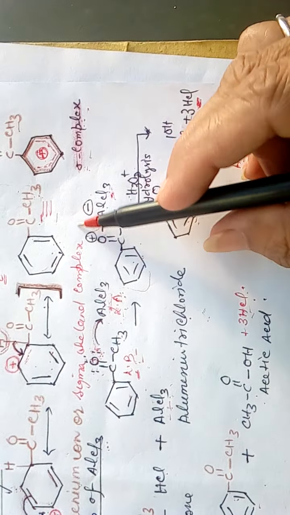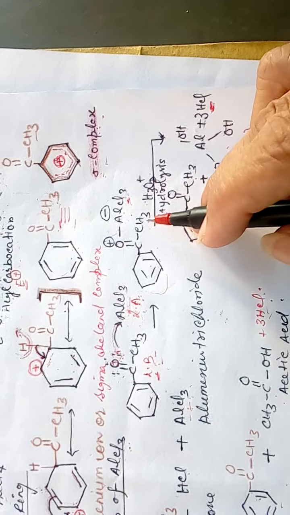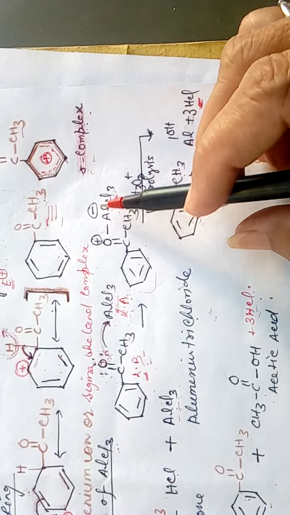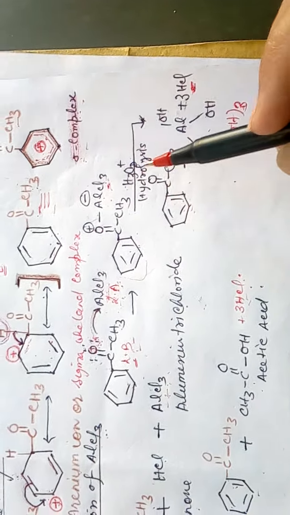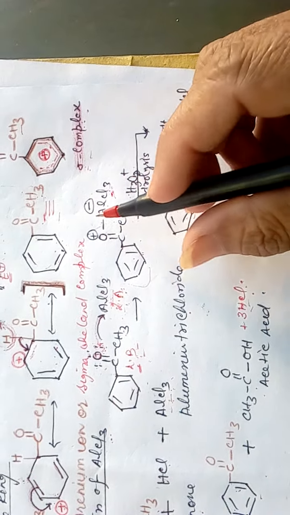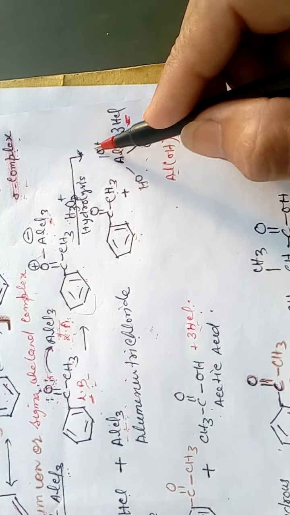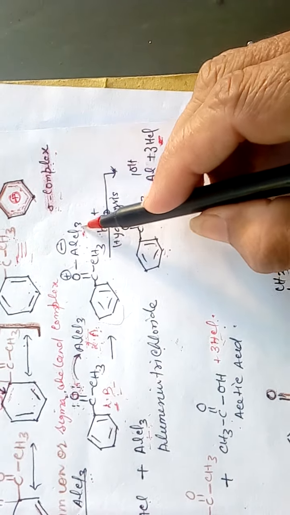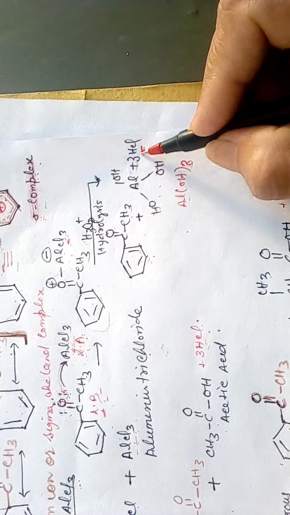When this salt is formed, the reaction gets stopped here and it freezes. And further, when we hydrolyze this complex, it gives acetophenone, and gives aluminum trihydroxide, and 3 molecules of chloride form 3 molecules of HCl.